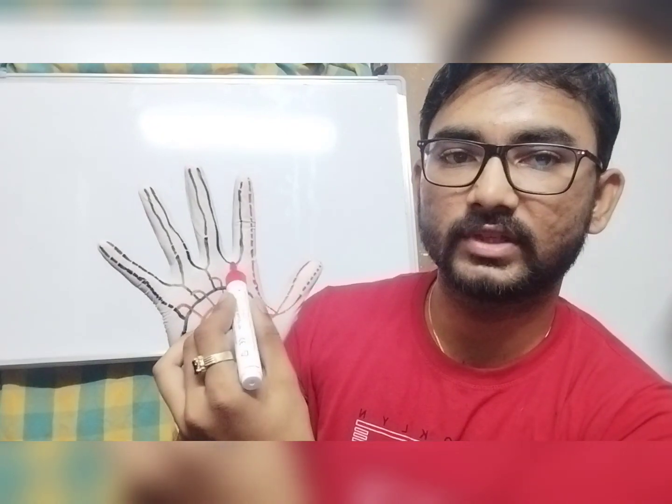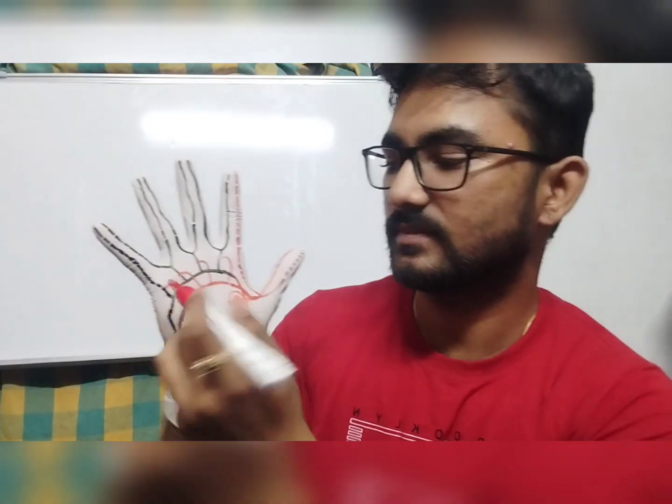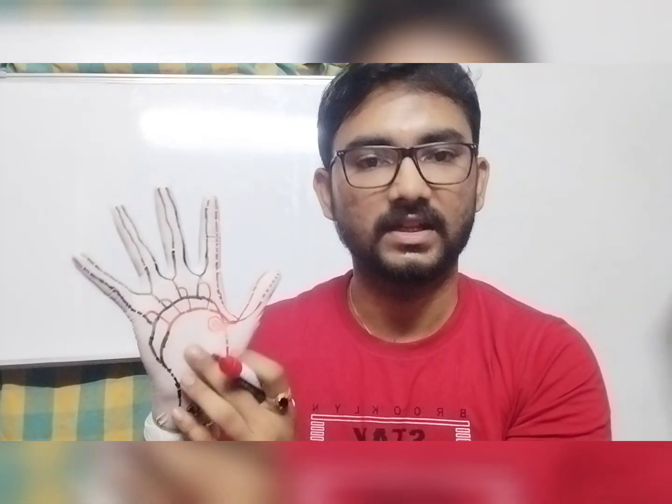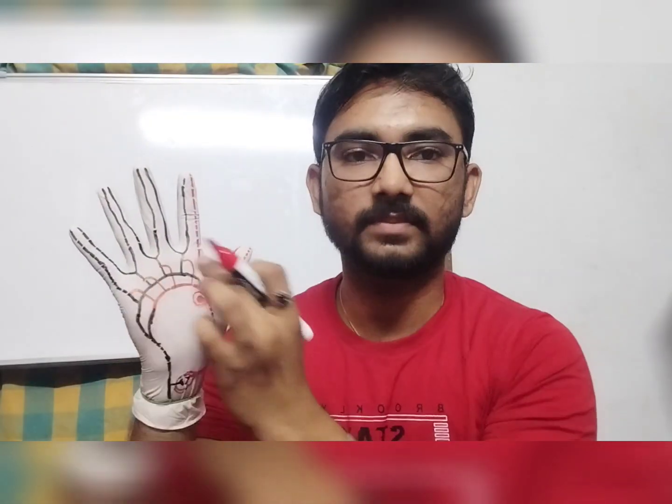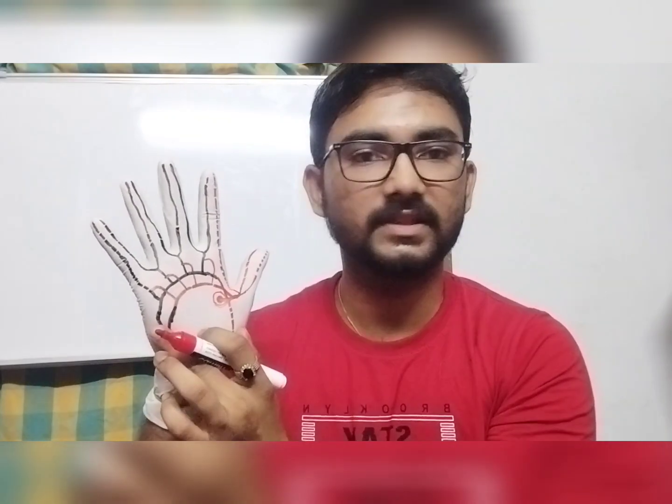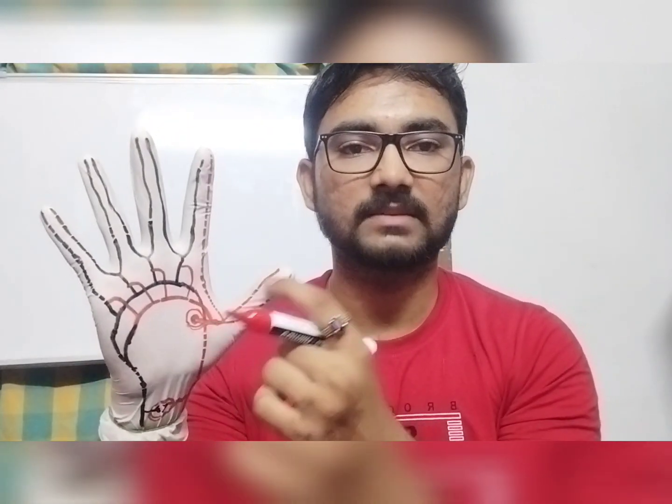Palmar surface, metacarpal bone, so that's why they are known as palmar metacarpal arteries. Clear? This is the palmar surface. Each finger is supplied by 2 arteries on the palmar surface. Now let's go to the dorsal surface.